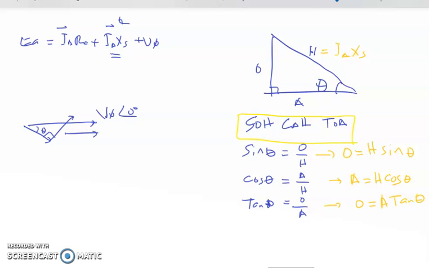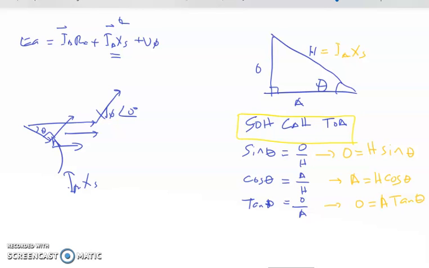So if we shift everything together to this side, we shall have IAXS here instead of placing it here.